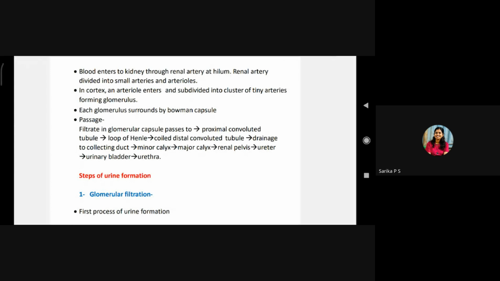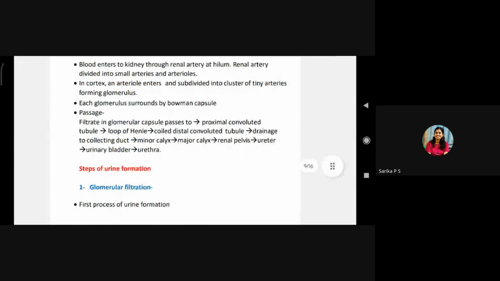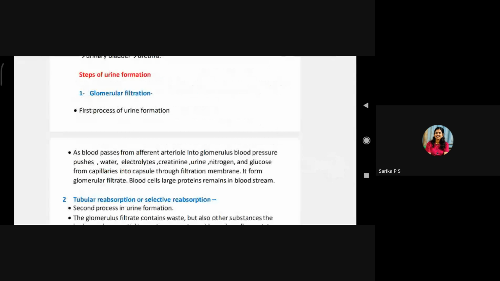Filtrate in glomerular capsule passes to proximal convoluted tubule, then loop of Henle, then coiled distal convoluted tubule, then drainage to collecting duct. Then after collecting duct it comes to minor calyx, major calyx, renal pelvis, ureter, urinary bladder, urethra. We have already discussed this passage or this process yesterday.